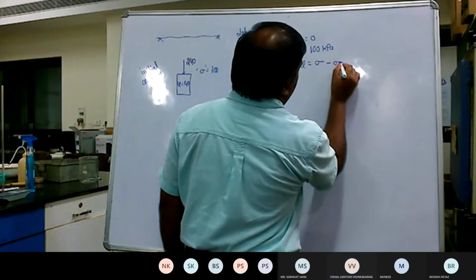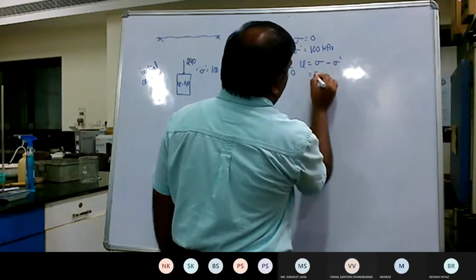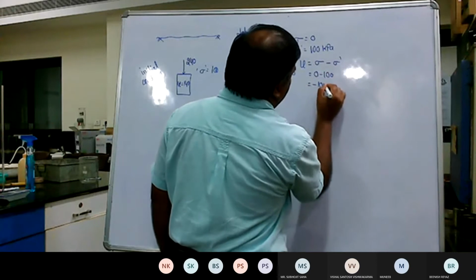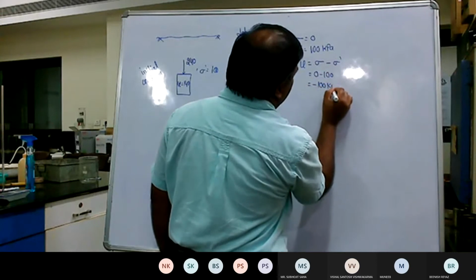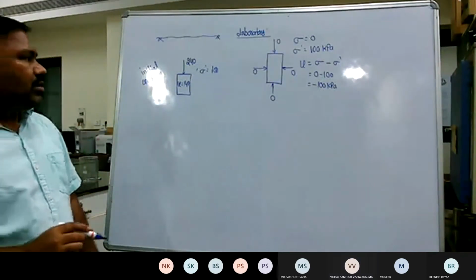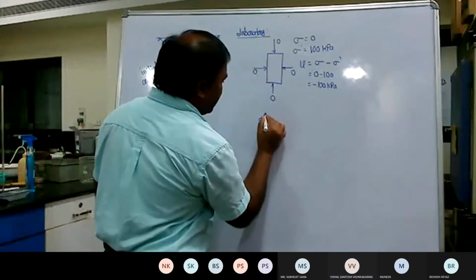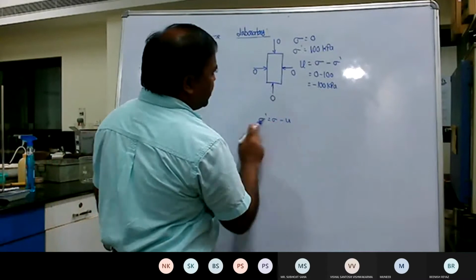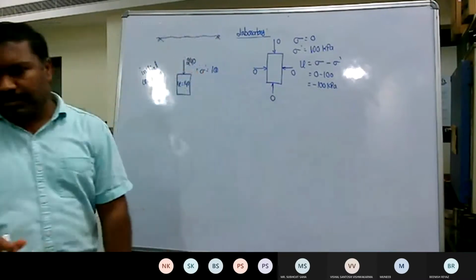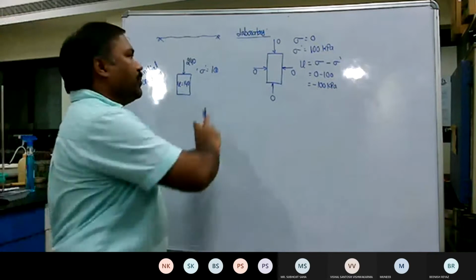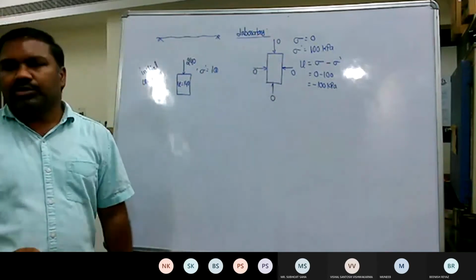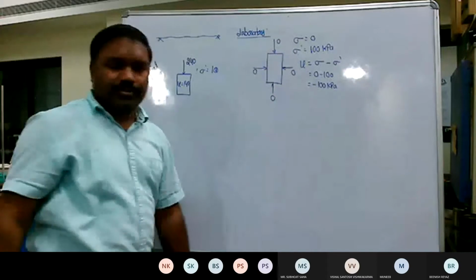Sigma minus sigma dash, so 0 minus 100, which is minus 100 kilopascals. Minus or plus? Sigma dash is equal to sigma minus u, so u is equal to, yeah, okay. So minus 100 kilopascals. The moment you bring the soil samples to the laboratory, this is how the stresses will act.